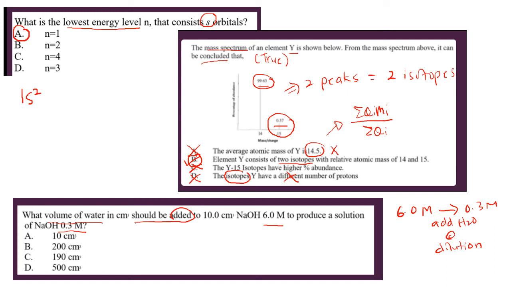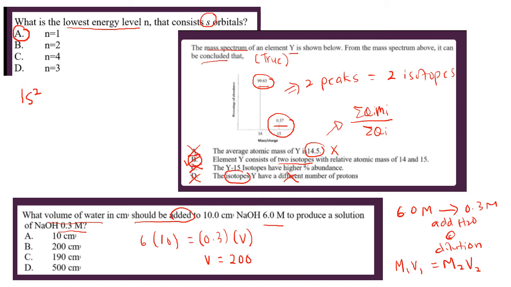Dilution means that the number of moles before dilution and after dilution are the same. So we are going to use the formula M1V1 equals M2V2. So 6 multiplied by 10 equals 0.3 times the volume of the solution after dilution. When we do the calculation, we find the volume is 200.